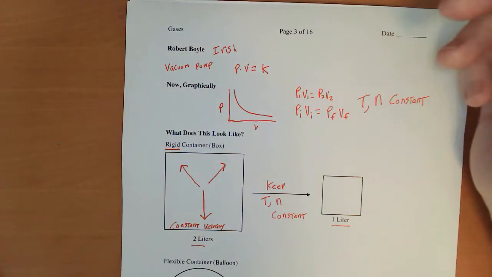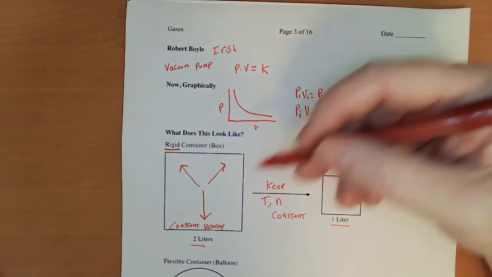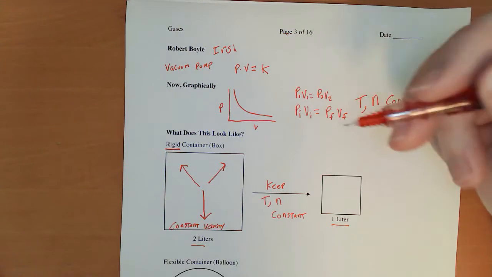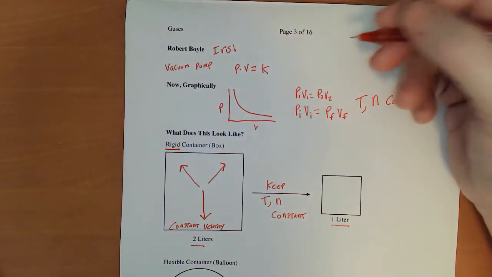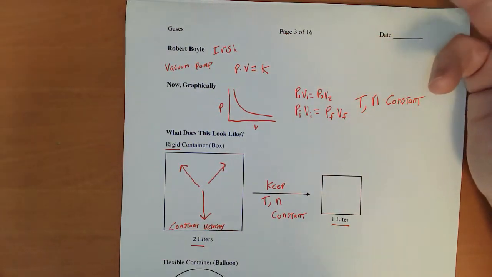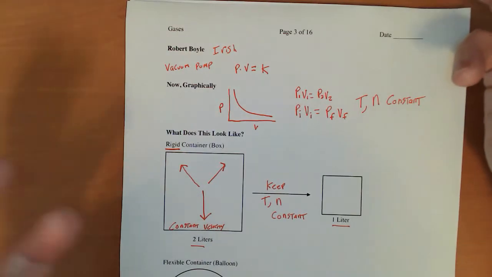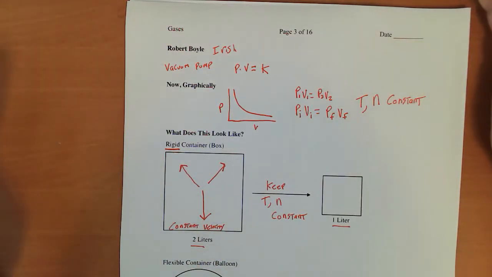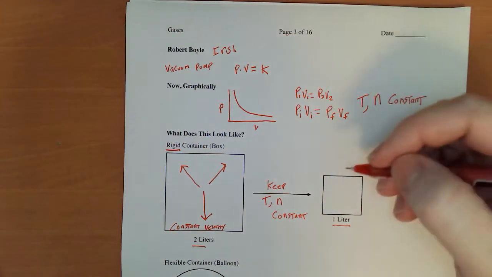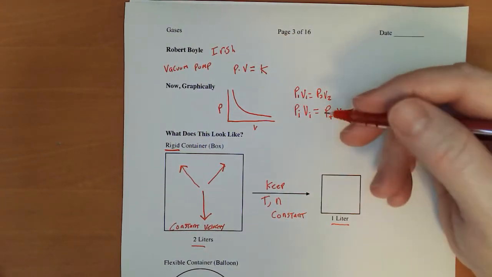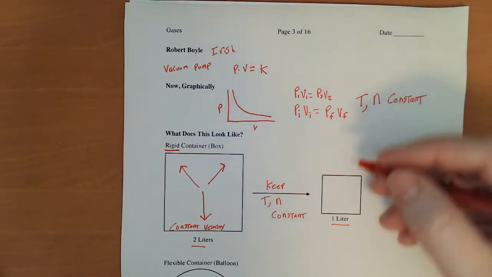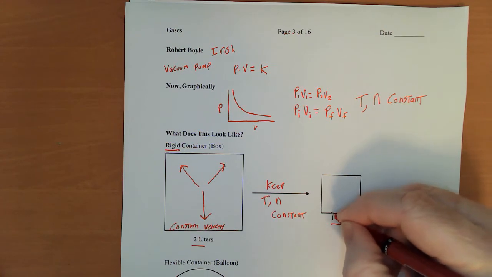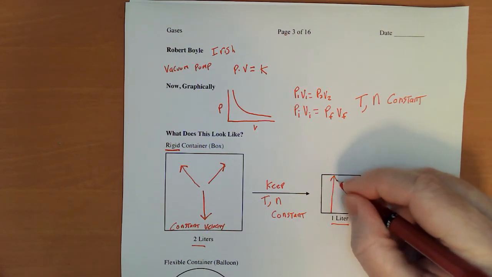Now, the point I've been trying to make here with the constant velocity is that these particles are still moving at the same speed. What's going to be different? They're going to be hitting the walls twice as often because they don't have as far to go to get to the walls. Okay? So if they're hitting the walls twice as often, that means the pressure is going to be doubling.